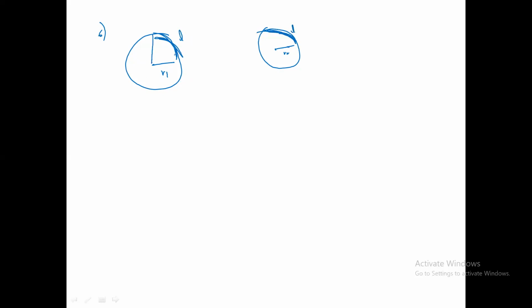So this arc subtends an angle 60 degrees in the first circle, and in the second circle it subtends an angle 75 degrees. Find the ratio of the radii, R1 by R2. This is what we do. So we will use L is equal to R theta.